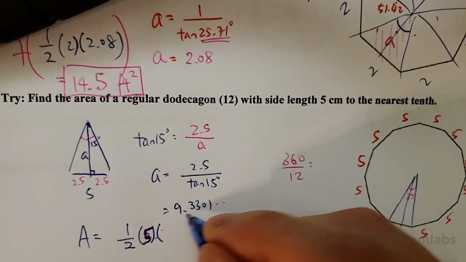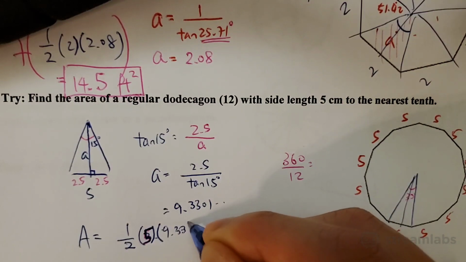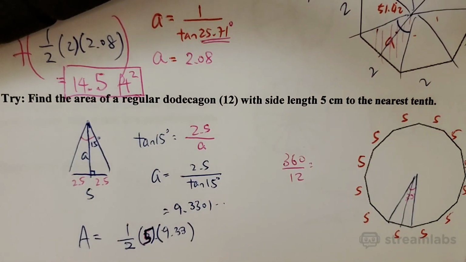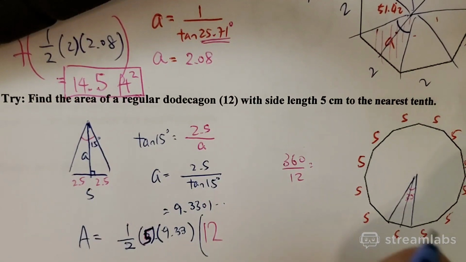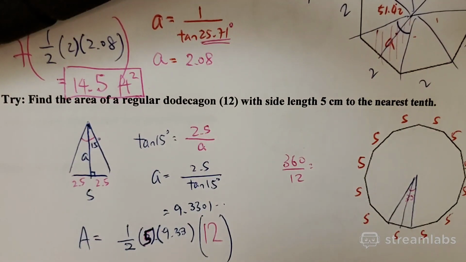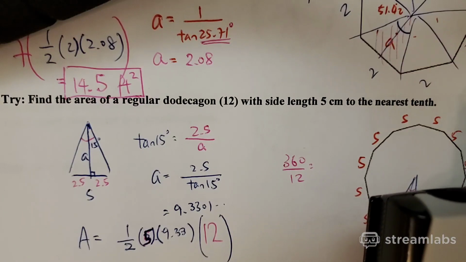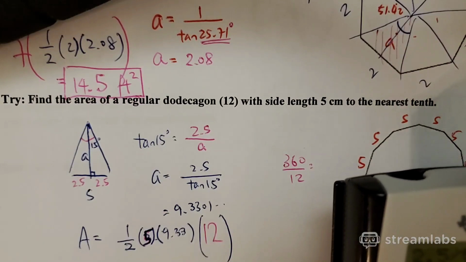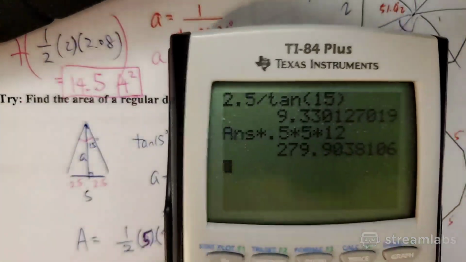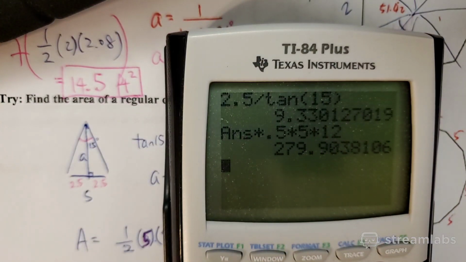Base times height is this one, 9.3301, right? Base times height. And then you multiply by how many? 12, right? Because there are 12 of them. So I do times 0.5 times 5 times 12. There. 279.9. Right. 279.9.